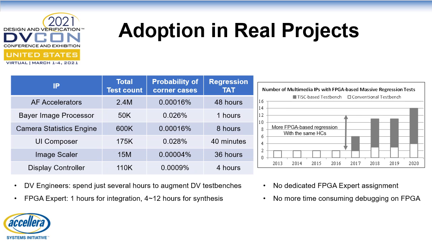So now we can apply FPGA-based regression tests to 10 more multimedia IPs and found many extreme corner cases which were not detectable by simulation. Now the team is totally free from debugging on FPGA systems.